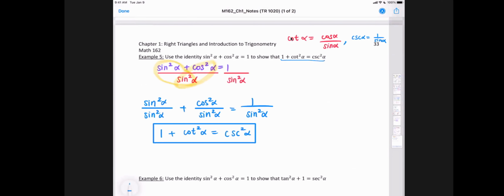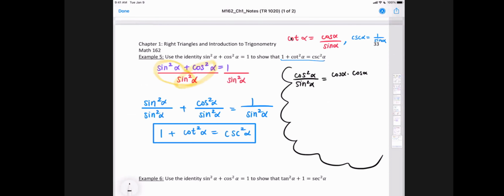If you want some more convincing of why cosine square over sine square is cotangent square, I can add in this little note on the side. If you have cosine square over sine square, we can write this out like cosine alpha times cosine alpha divided by sine alpha times sine alpha.